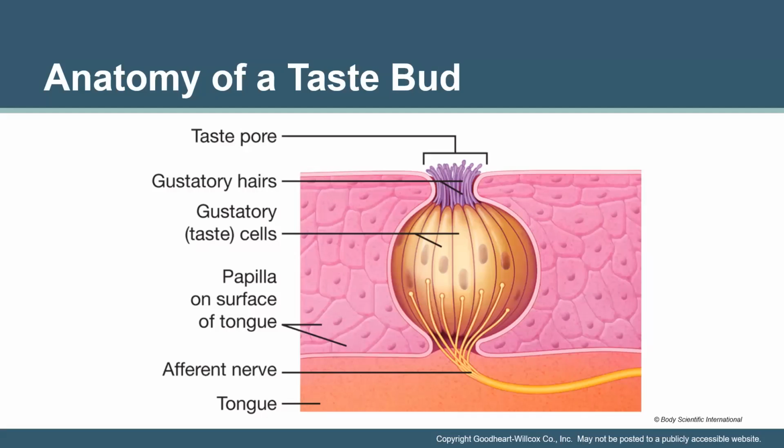Now, as we talked about, our ability to taste is impacted by our sense of smell. So 75% to 90% of people's taste comes from how they are smelling at the same time.